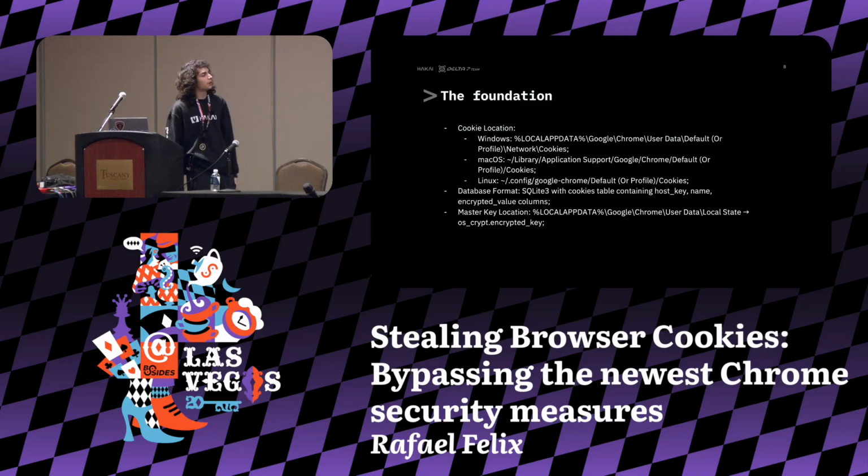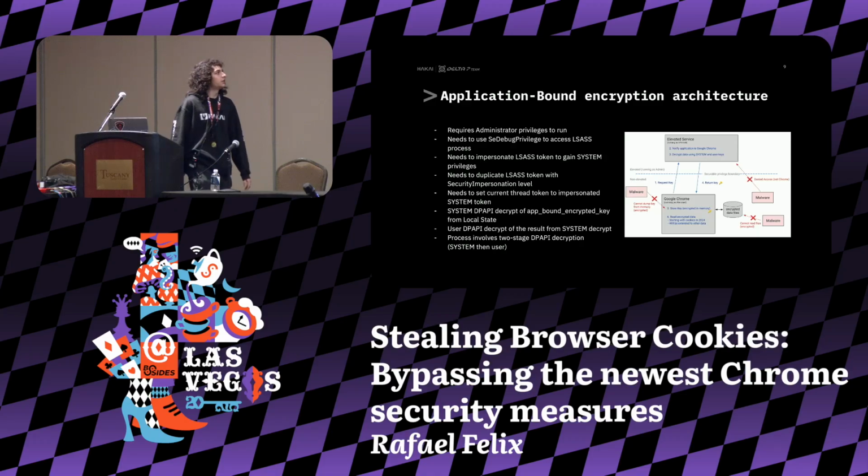The database format is SQLite3 with the cookies table containing the host_key, the name, and the encrypted_value columns where all cookies are. And the master key location, finally, is stored at the Google Chrome User Data Local State file, which is a JSON file, at the os_crypt.encrypted_key field.